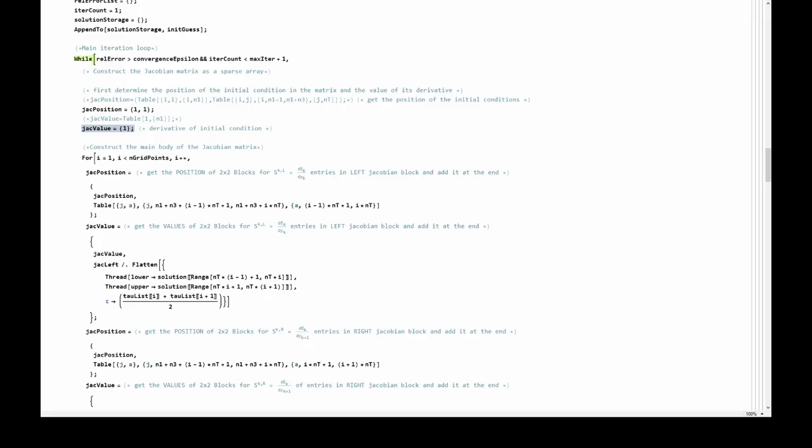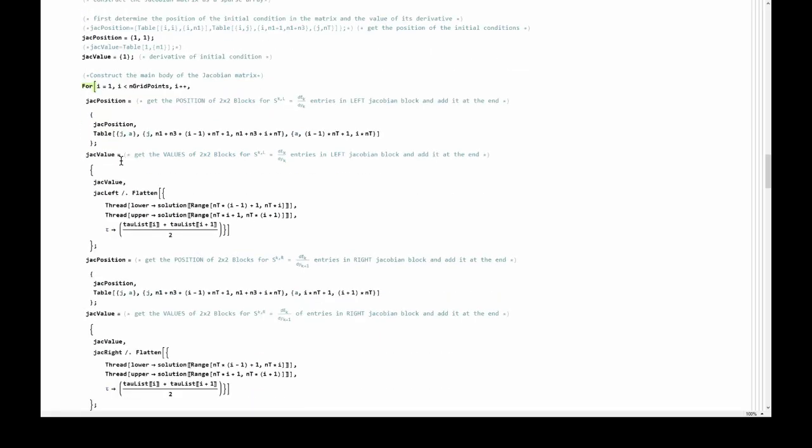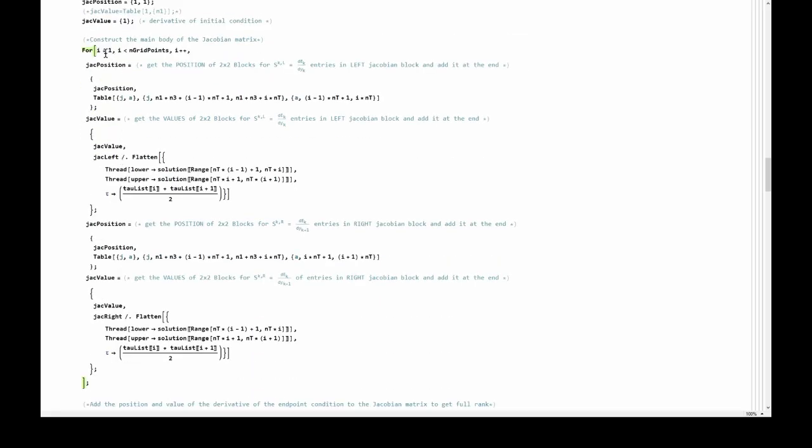Okay, and then the body of the rest is calculating the position of the left Jacobian blocks and getting the values of the left Jacobian blocks. And then we need to calculate the position of the right Jacobian blocks and calculate the values of the right Jacobian blocks.